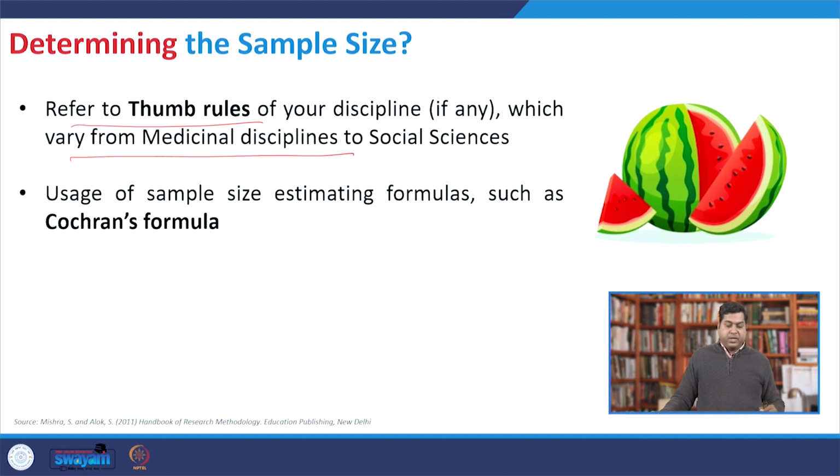But in terms of medical science and other fields, suppose you are making a medicine and observing some kind of chemical reaction, in that case the sampling can probably be a little lower. But again it's not very straightforward how many trials you need to make to reach a particular conclusion.